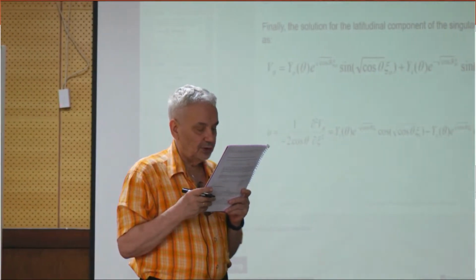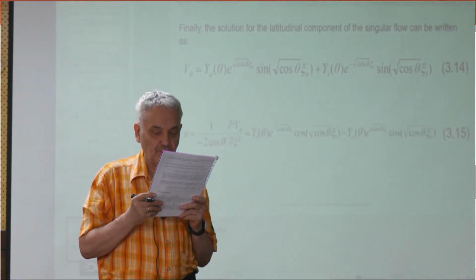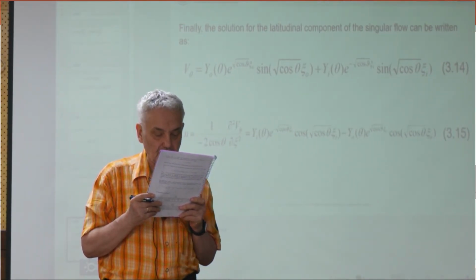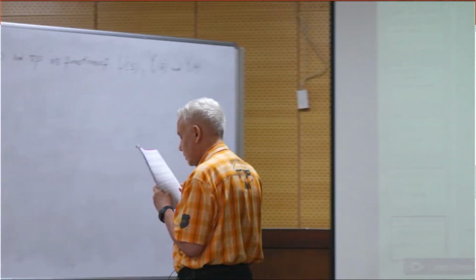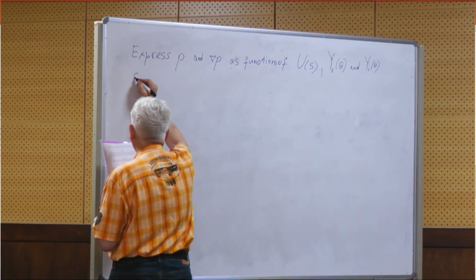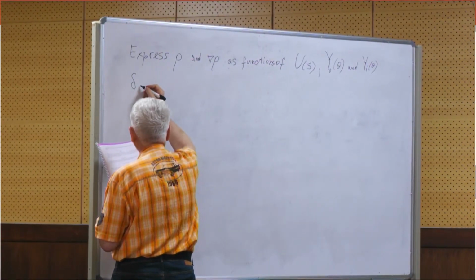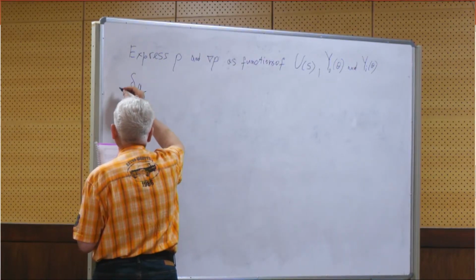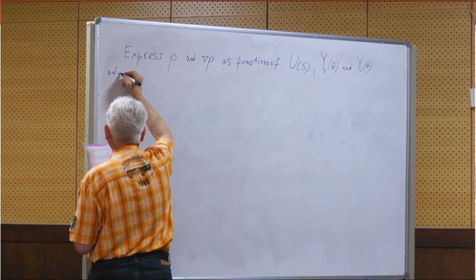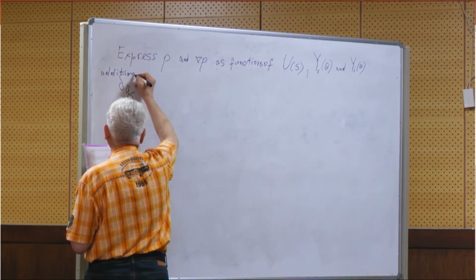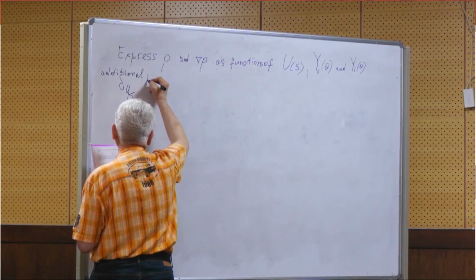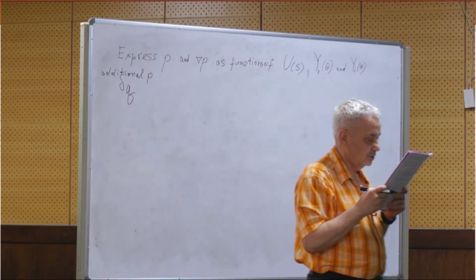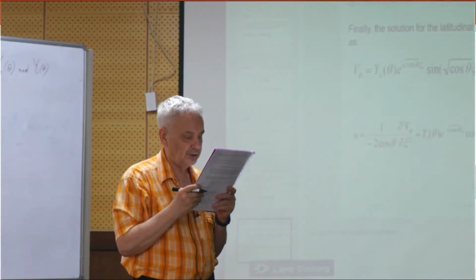So we express pressure through the geostrophic differential rotation from 2.15 and the additional pressure delta Q. Okay, so we suppose that there is some additional pressure delta Q in the Ekman-Bandelier layer.